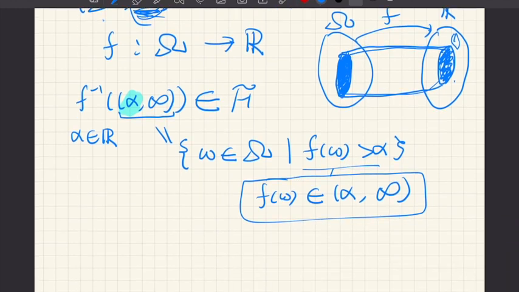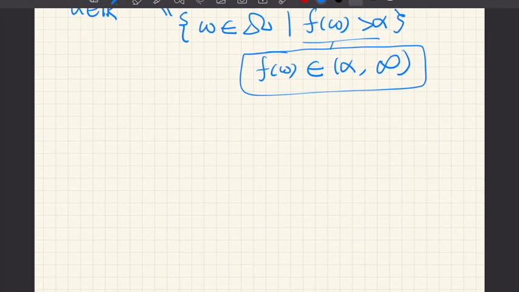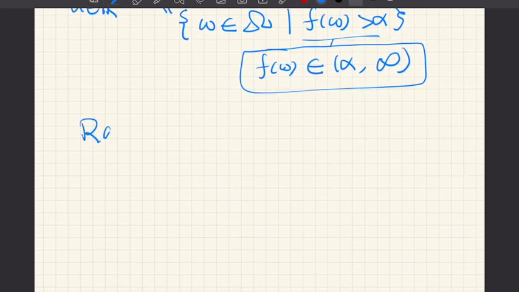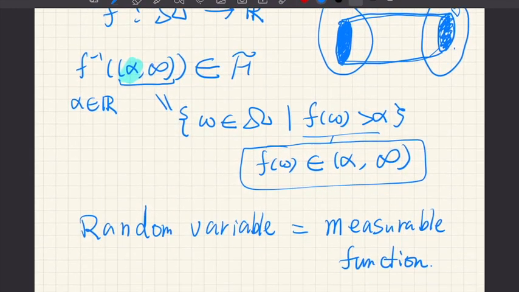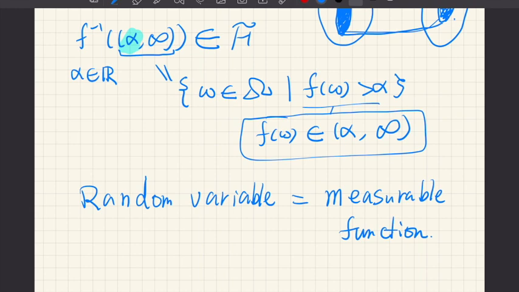Okay. And now we can define random variable. A random variable is actually nothing but a measurable function. So random variable is another name for a measurable function.